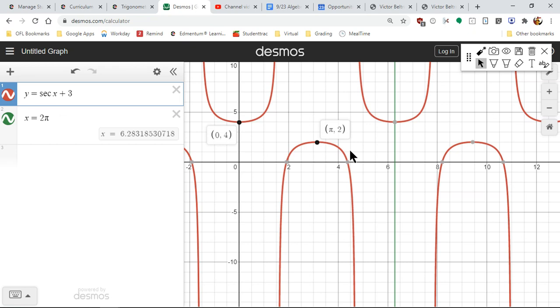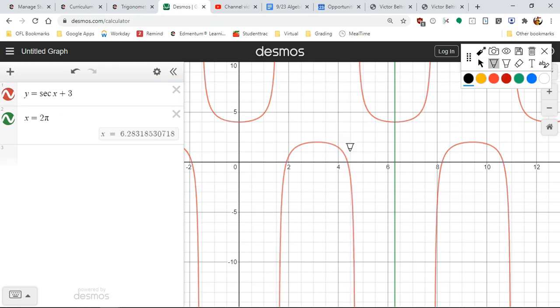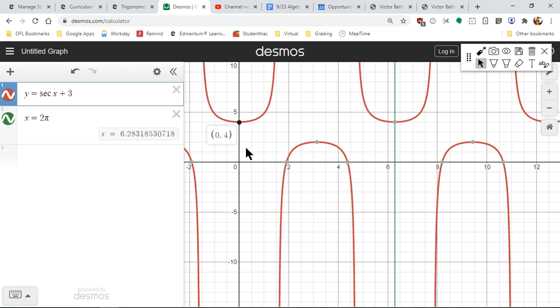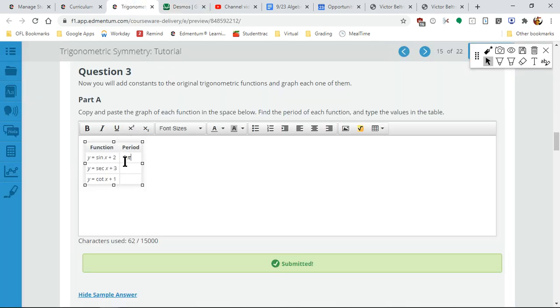Oh, that's right. It went up 3 because before it was at -1. This one was at 1, so now it's at 4. Everything went up. So it is still 2 pi.